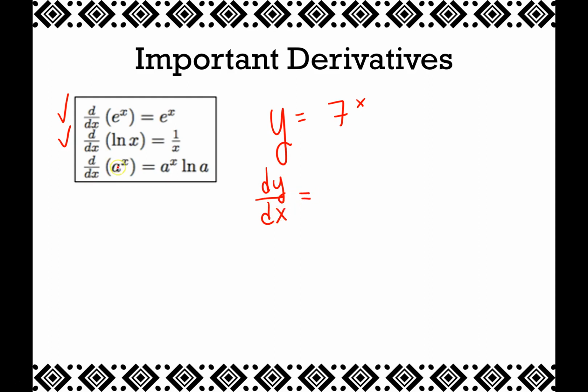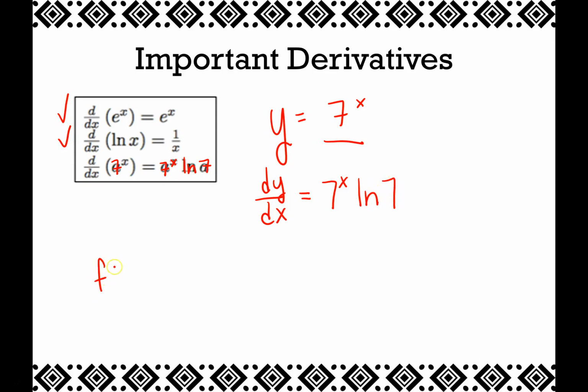Well, this says if I have a, which is a constant, a number, let's say 7 to the x, what we're going to do is rewrite it completely over again. So it would be 7 to the x. But then you would write ln of whatever that a was. Remember, a is 7. So we'd have ln 7. So again, this would be rewrite the value itself and then write ln of 7.